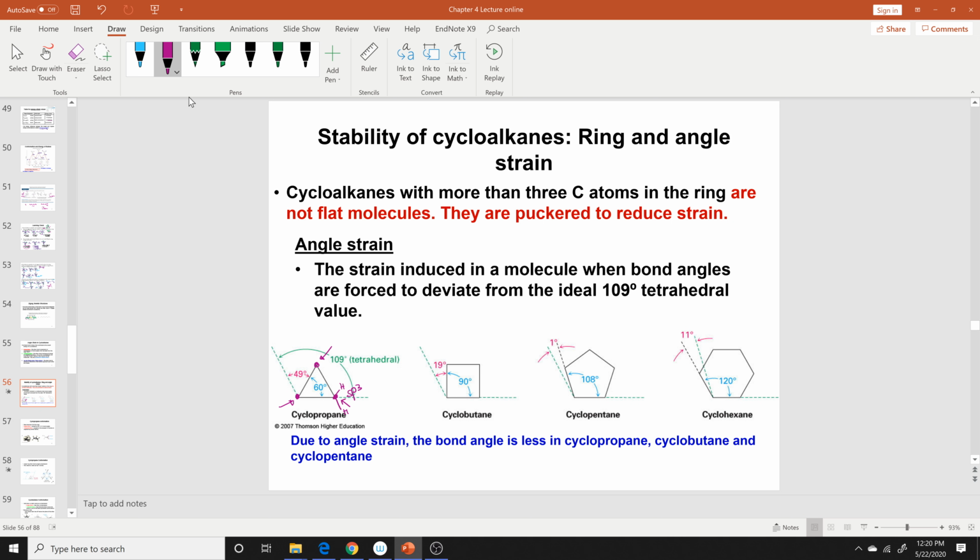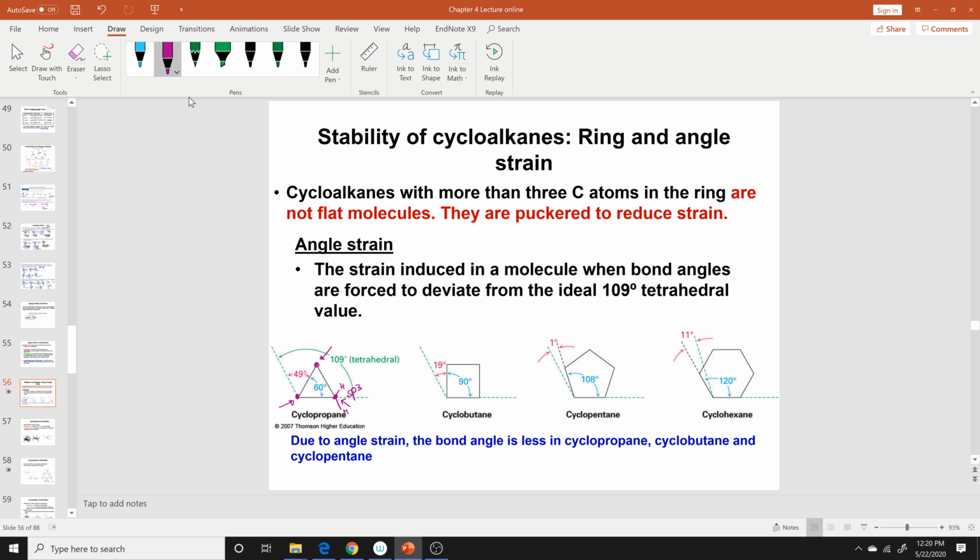Now, but what I see is when these carbons are packed with each other, the bond angle is really deviated from the 109.5. So instead of being 109.5, it's 60 degrees.